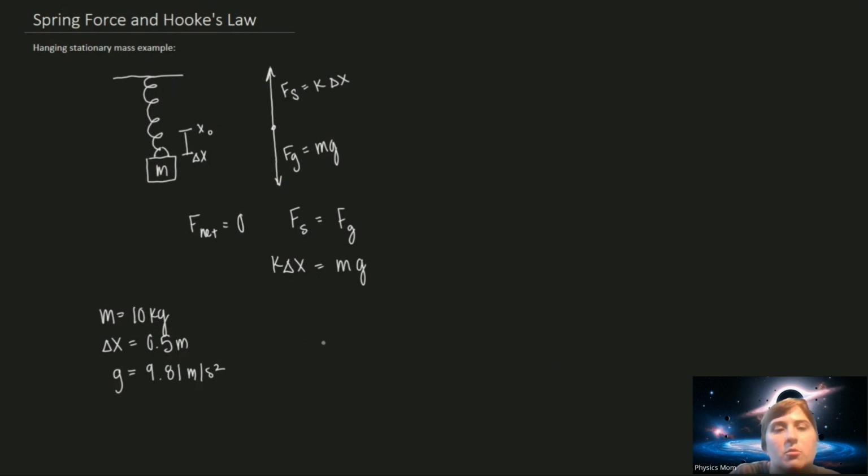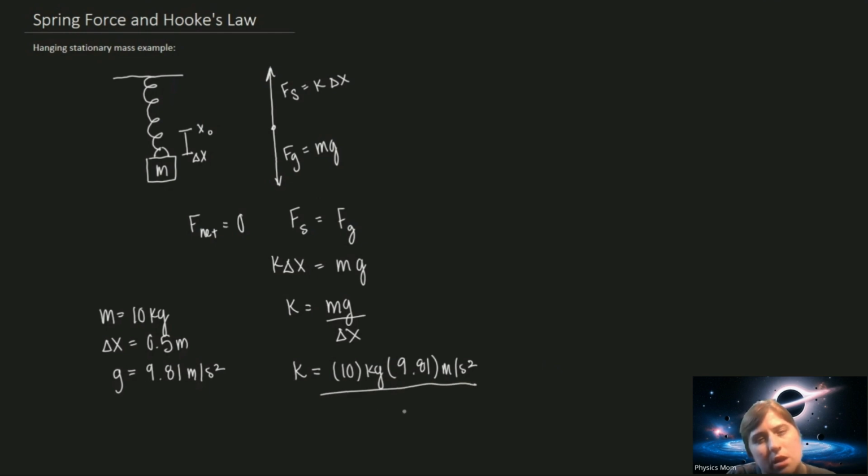I can then figure out, well, what is the spring constant for this particular spring? I'd solve for K by dividing the displacement to both sides: mass times gravity divided by the displacement. I get that K is going to equal 10 kilograms times gravity, 9.81 meters per second squared, divided by the displacement of 0.5 meters.